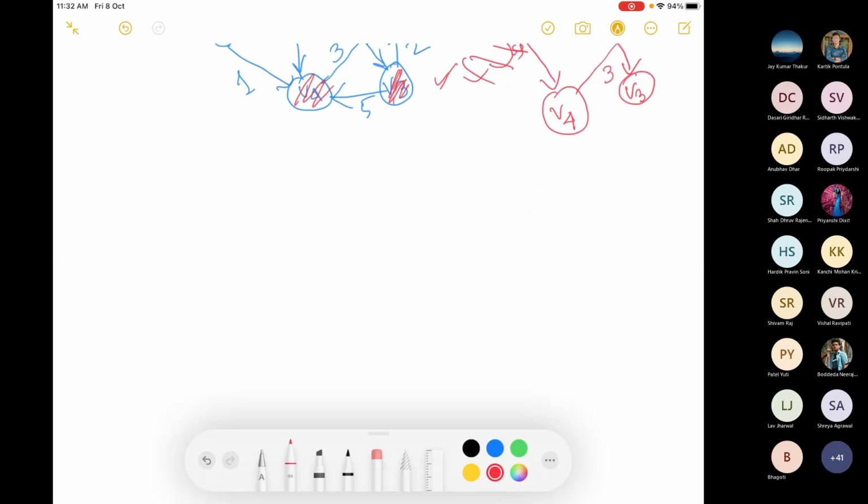Sir, do we always get a spanning tree after using this algorithm? Spanning tree for? I mean, for this graph, sir. We are not computing a spanning tree at all here. We are computing the shortest path. Yes, sir. But after using this algorithm, what you created in the red pen seems like a spanning tree.